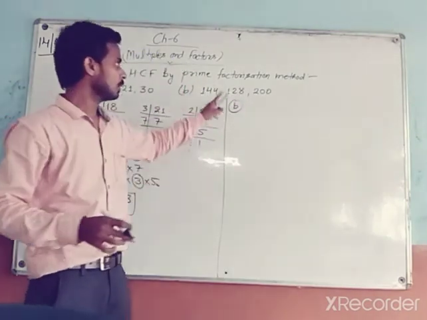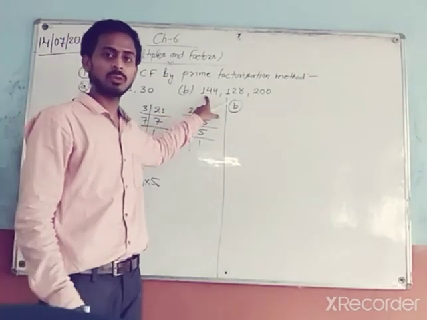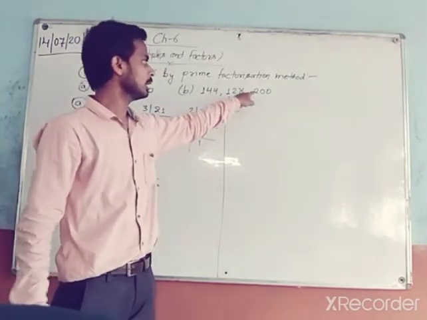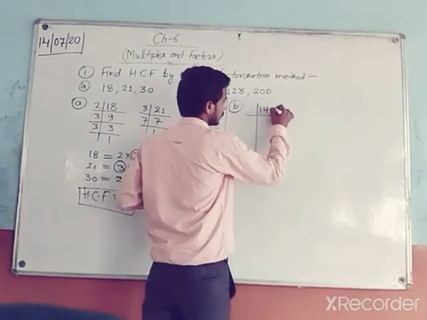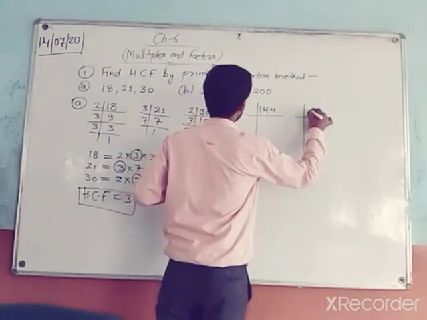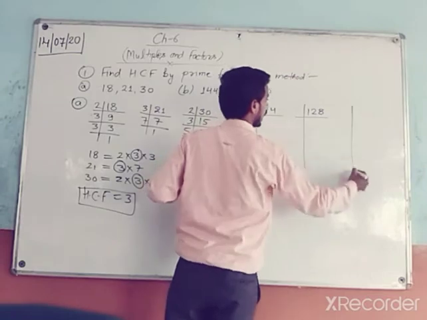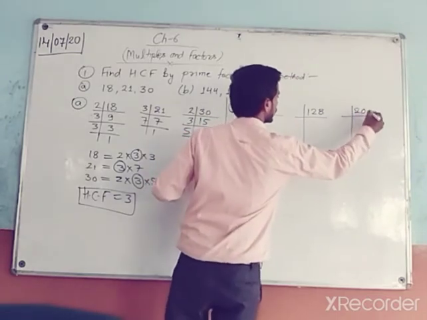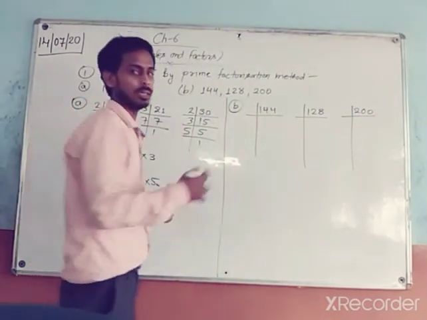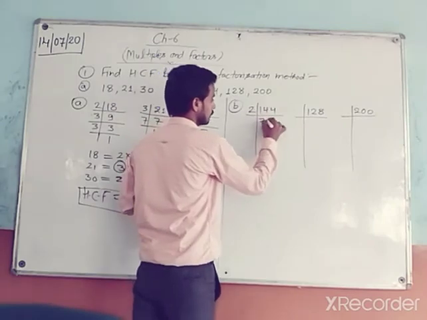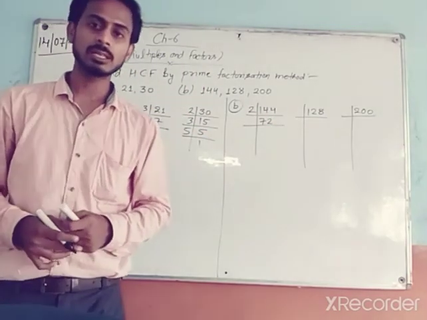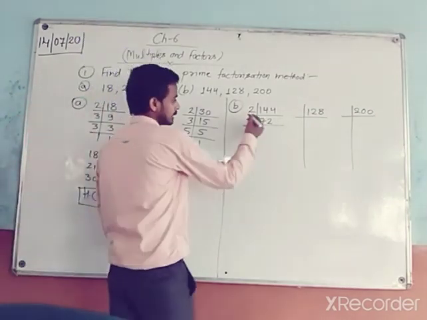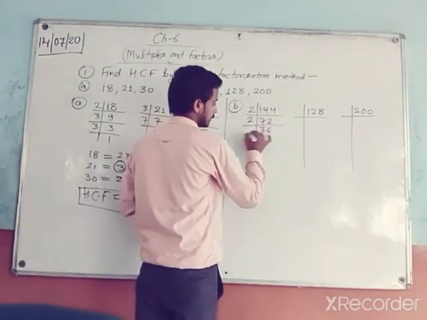Again, first of all find the prime factors of 144, 128 and 200 separately. Okay, clear? Now 2 sevens are 14, 2 twos are 4. When you divide 144 by 2, then you will get 72. Next, 2 thirty-sixes are 72.